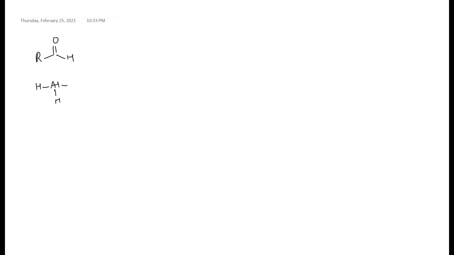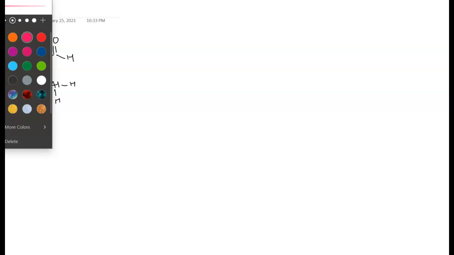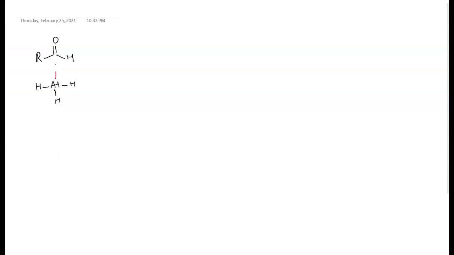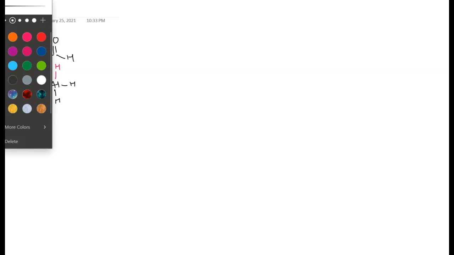Again, for lithium aluminum hydride, we can show a different color for the hydrogen atom in this manner to show the attack. Here I use this arrow, the pi electrons move on to the oxygen, and what I end up with is another tetrahedral intermediate.